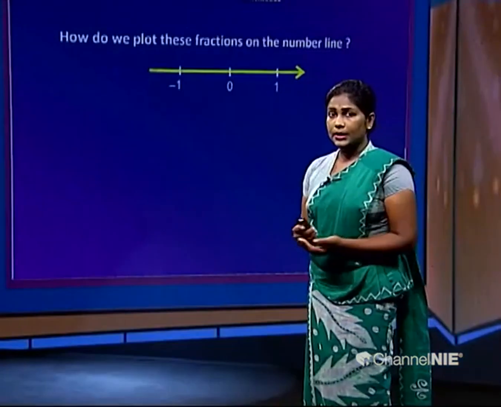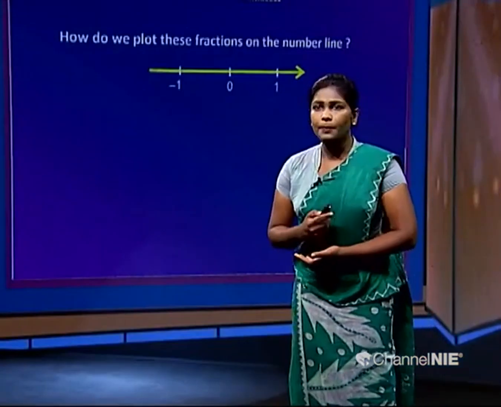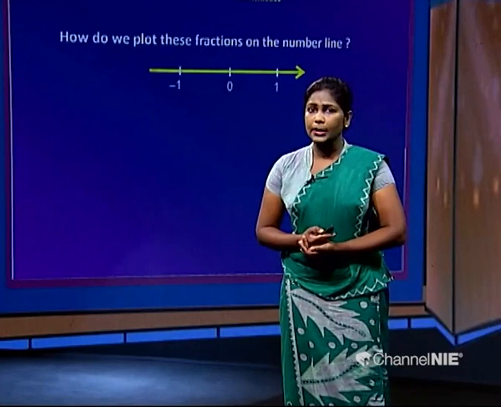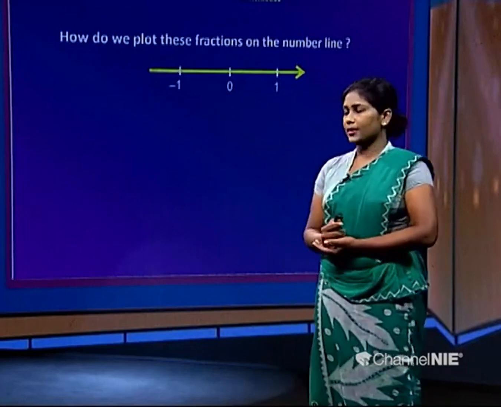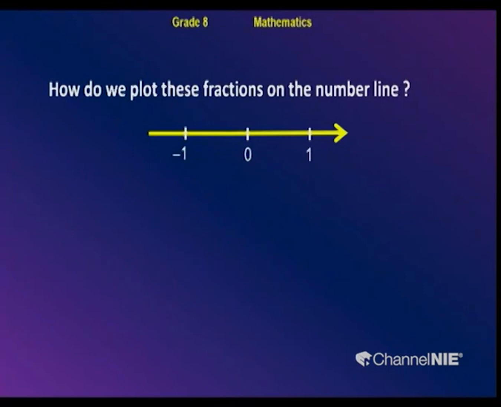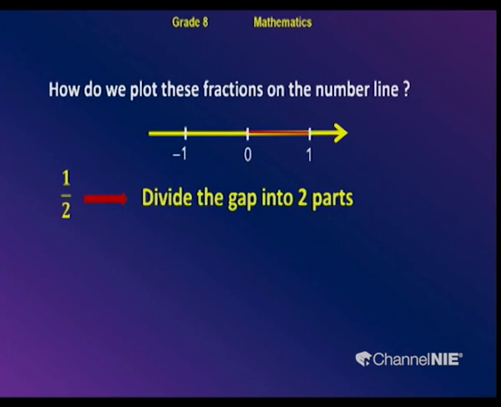Then think about how do we plot these fractions on the number line? Look at that. There is a number line, and here I mark minus 1, 0, 1. Then look at that. Now you can see a red line between 0 and 1. When we consider 1 over 2, you have to divide this gap into 2 parts because the denominator is equal to 2.